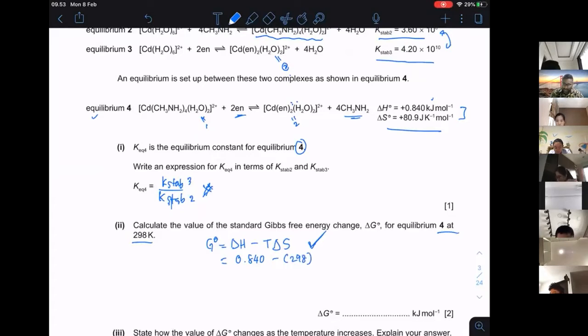And then the entropy is already given in joule, so you need to divide by 1000, so 0.0809 kilojoule per Kelvin per mole. So times with this and calculate what Gibbs free energy is going to be.